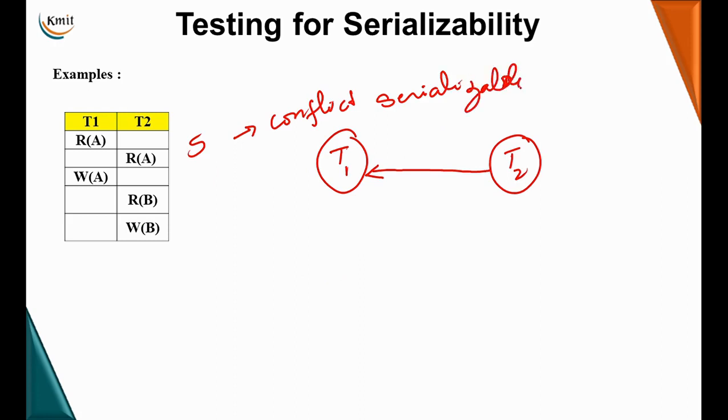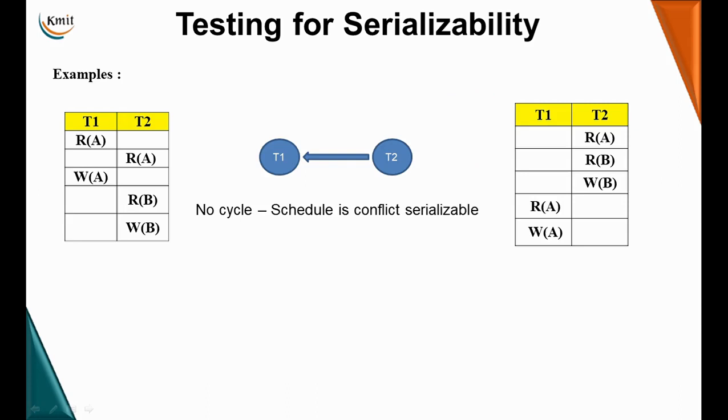Okay, let's take up another example. So this is what we have seen, that it is conflict serializable because there is no cycle. Again, when I talk about serializable, if I have to identify the order of transactions, I have a method wherein I see the in degrees of the vertices. The vertex for which the in degree is 0 becomes the first transaction to complete.